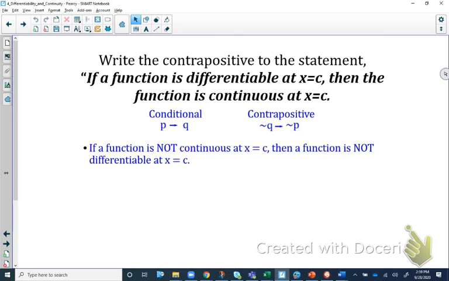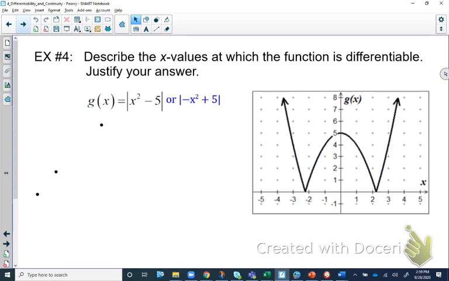If a function is not continuous at x equals c, then the function is not differentiable at x equals c. And those are two true statements. The conditional statement is true, the contrapositive is true. This is what would allow us to write a definition in biconditional form. But again, that's kind of reviewing stuff that we did in geometry. The conditional statements are things that you're going to see from time to time.